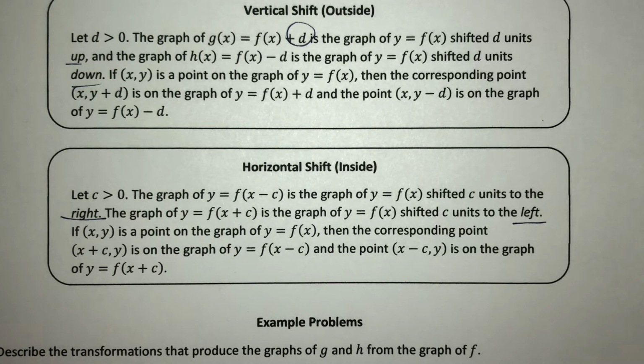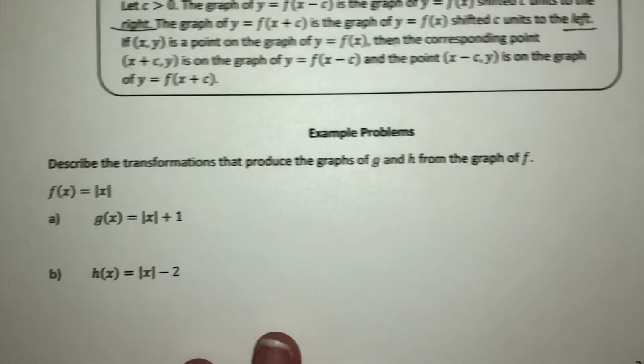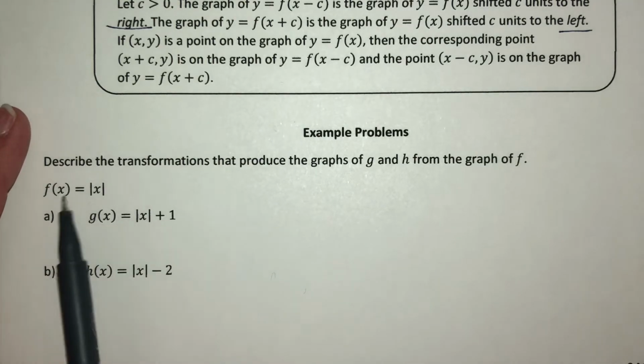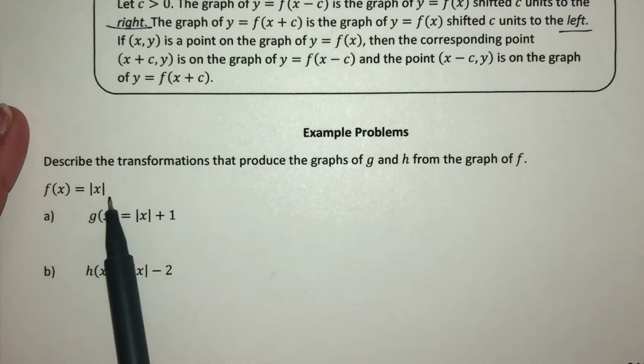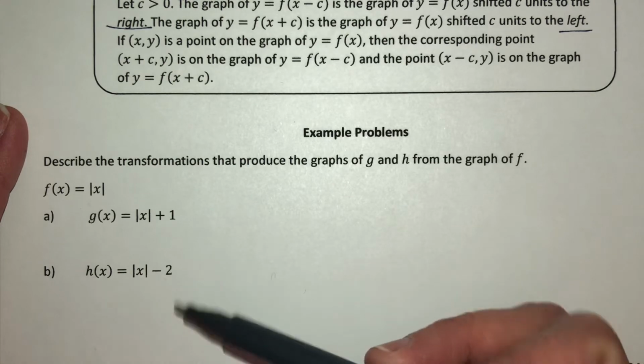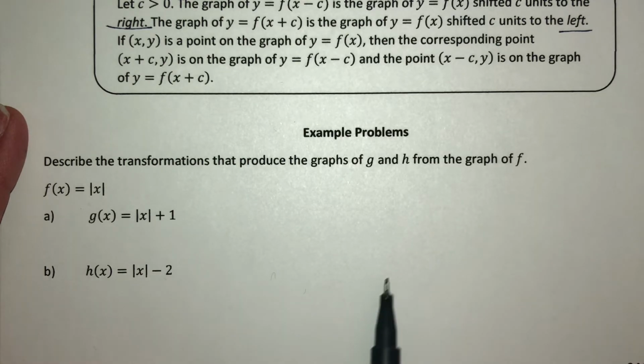Now, you're going to have some problems where they just ask you to tell how to graph it, and others where they ask you to actually graph it. You're going to have some problems where they give you information, and you're going to be asked to come up with the appropriate function for it. Let's just look at these first. If our original function is the absolute value of x, and then we're asked to do these, and all they're asking for us to do right now is to tell how we would be moving these.